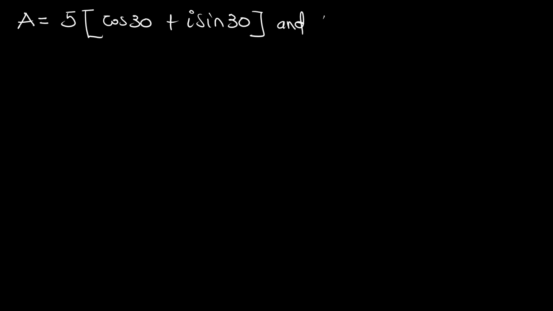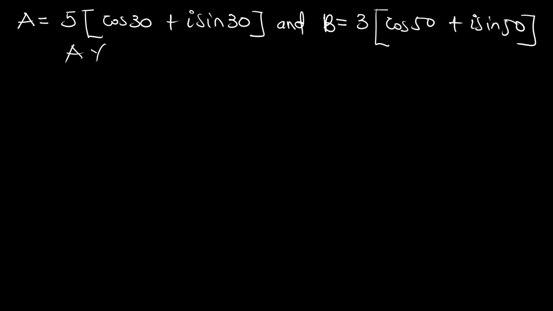Alright, our last example: if a equals 5 multiplying cos 30 plus i sine 30, and b equals 3 multiplying cos 50 plus i sine 50. We are supposed to find a times b.